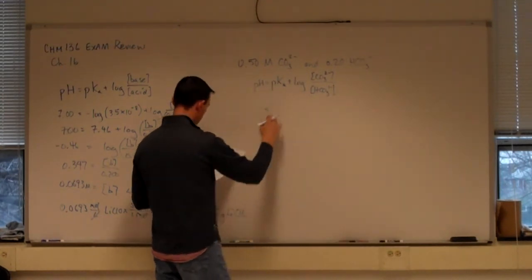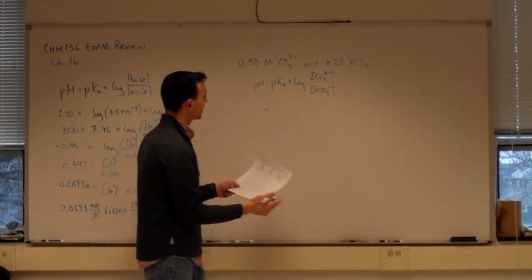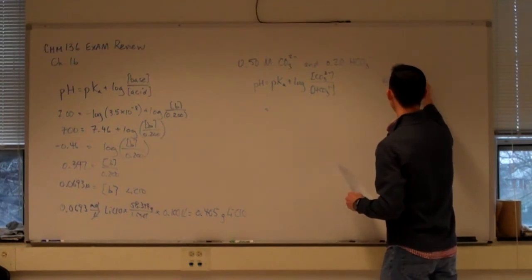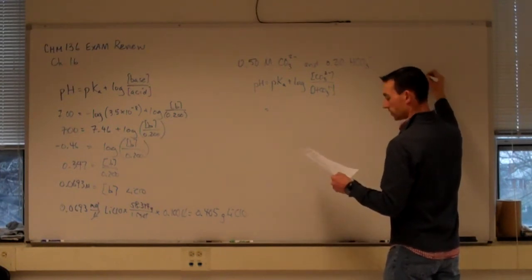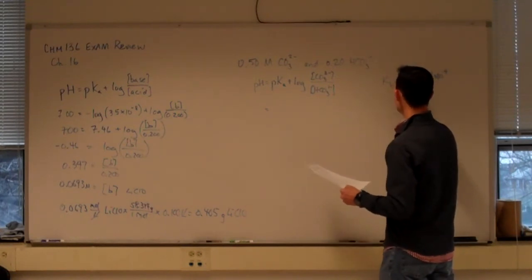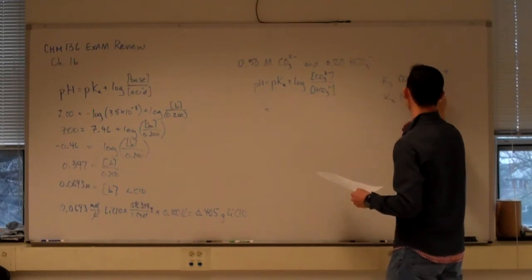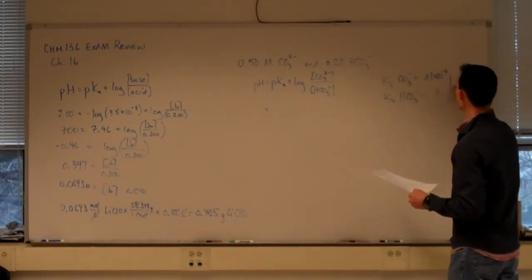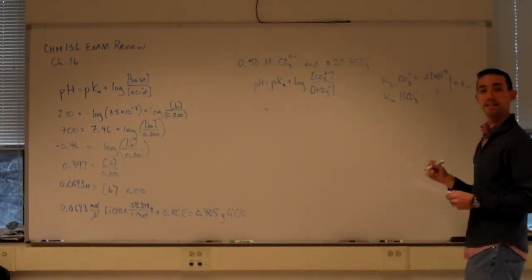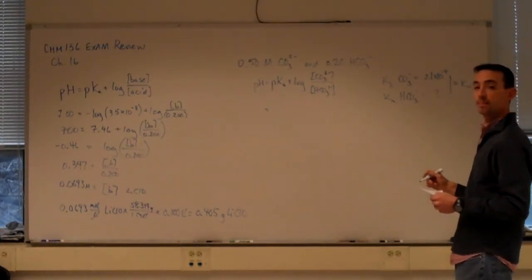So what we need is the pKa. Now we're given some sneaky information here. We're given that the Kb of CO3 2 minus equals 2.1 times 10 to the negative 4. The conjugate partner, though, HCO3 minus, would have a Ka such that the product of these two is Kw, remember. Ka times Kb for a conjugate pair are equal to Kw.